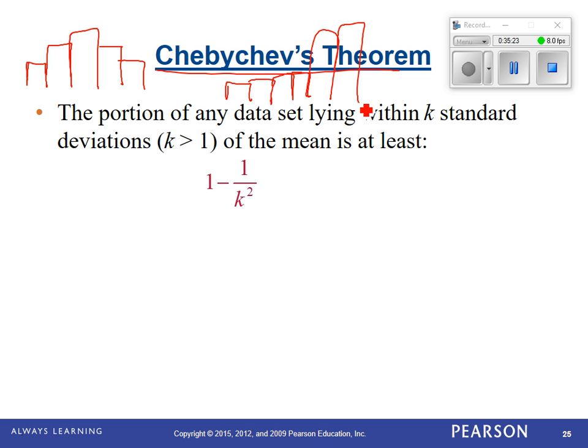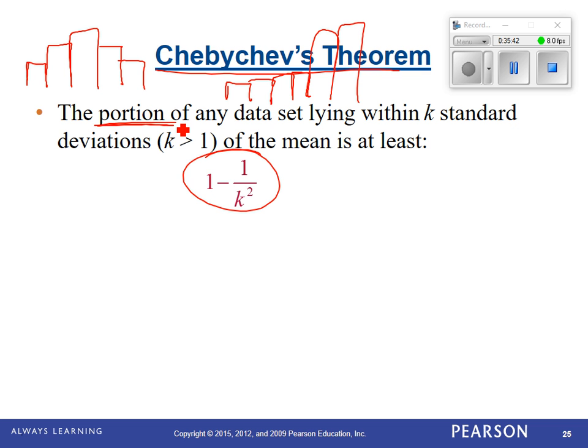But this works for all data. The proportion of any data set within K standard deviations of the mean, where K has to be greater than 1, is at least, and then it uses this. You're looking for the proportion, and it's going to give you a decimal answer.